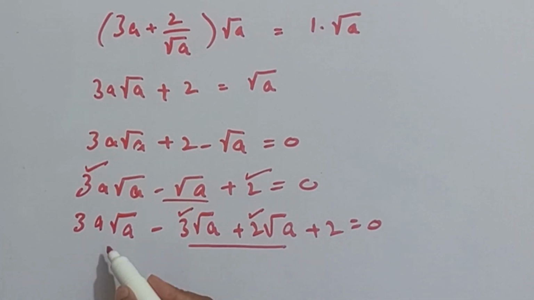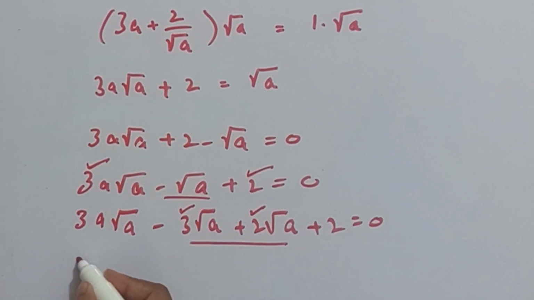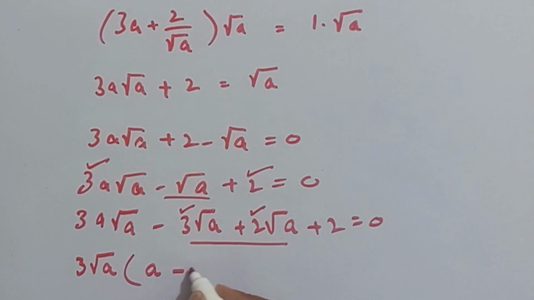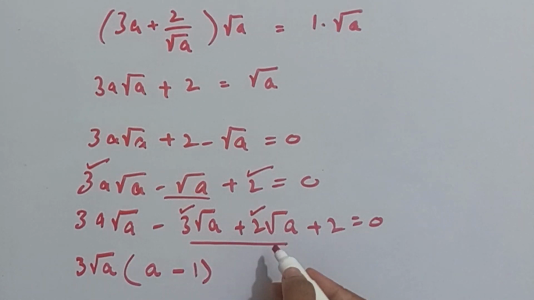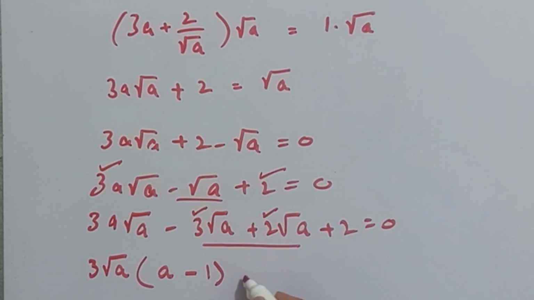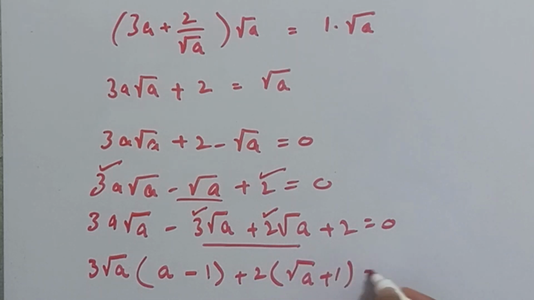So now look at the first two terms, 3 and √a are involved in these two terms, so we factor out 3√a, and the remaining value is a − 1. Now look at the last two terms, 2 is involved in these two terms, so we factor out 2 and the remaining is √a + 1. This is equal to 0.